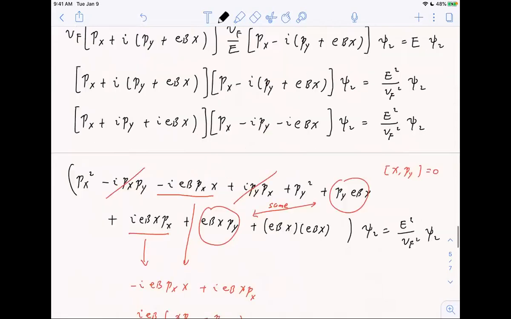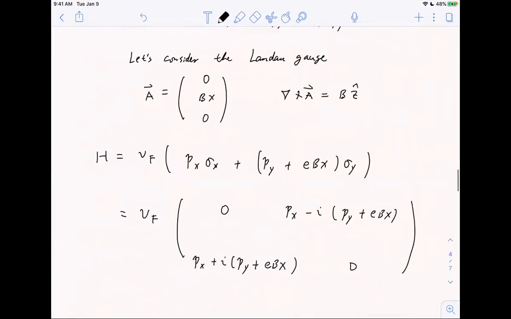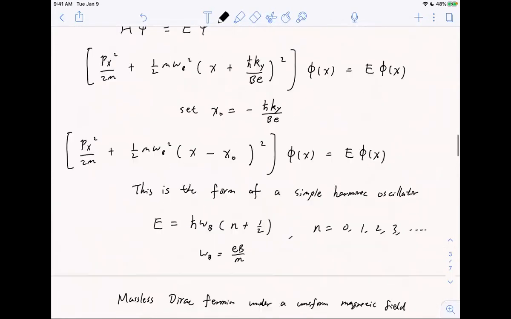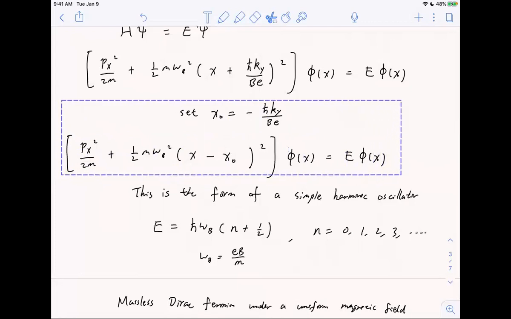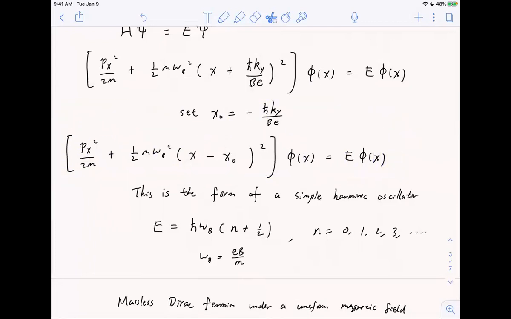We get the equation of the massive particle in the previous section. Yeah, this one. This one is the equation for the massive particle.